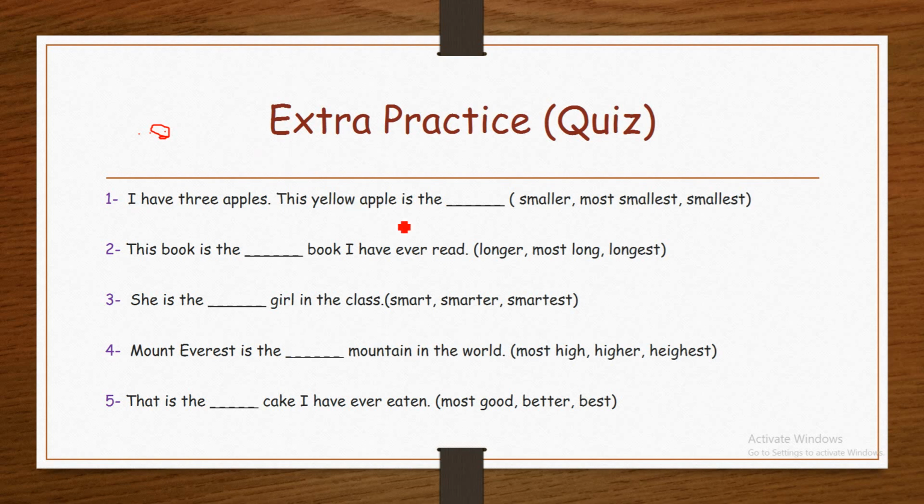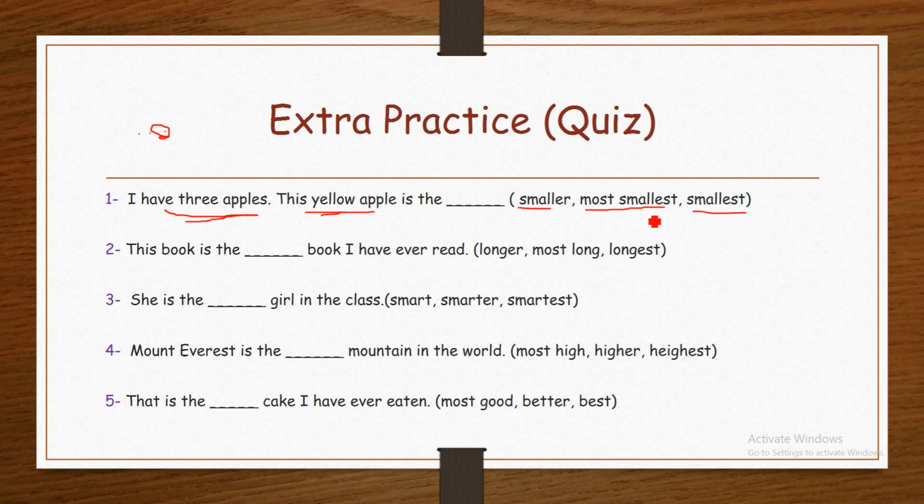It means there should be what? There should be a superlative adjective because you have a group of 3 apples and you compare the yellow one. We have the adjective smaller, the smallest.